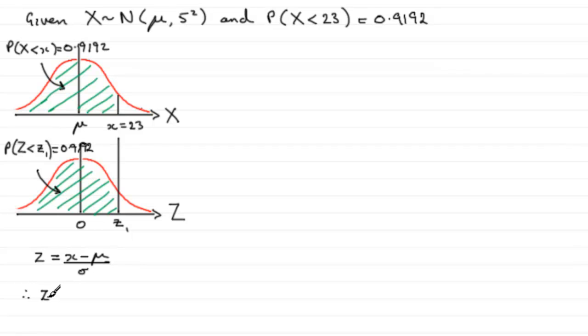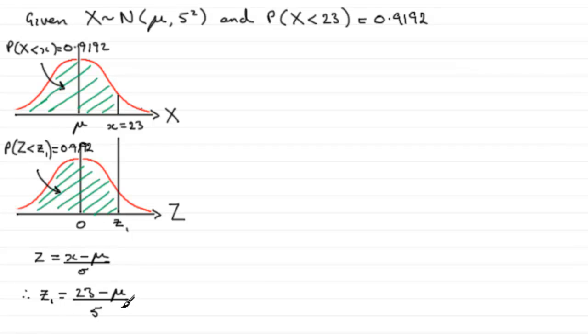Well, it means that z1 must equal the corresponding observed value, which is 23, minus the mean mu all over the standard deviation. And remember, the standard deviation here is 5. This is the variance, 5 squared, the standard deviation squared. So the standard deviation is 5.